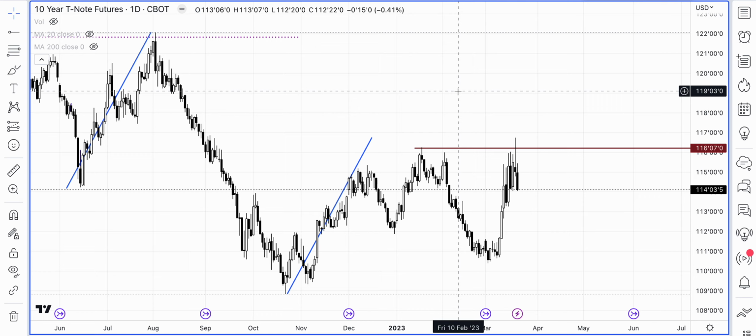We have the FOMC meeting announcement coming tomorrow. So the interest rate decision coming out of the Federal Reserve is tomorrow, and I do not know what they're likely to do.